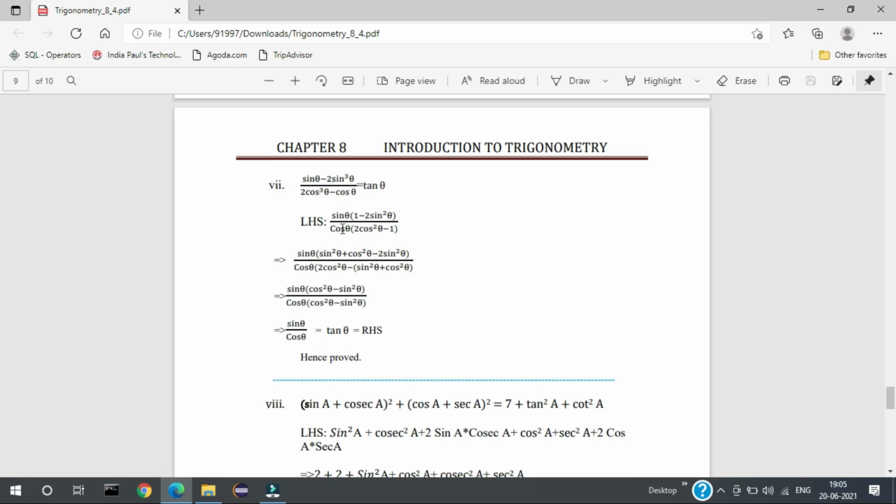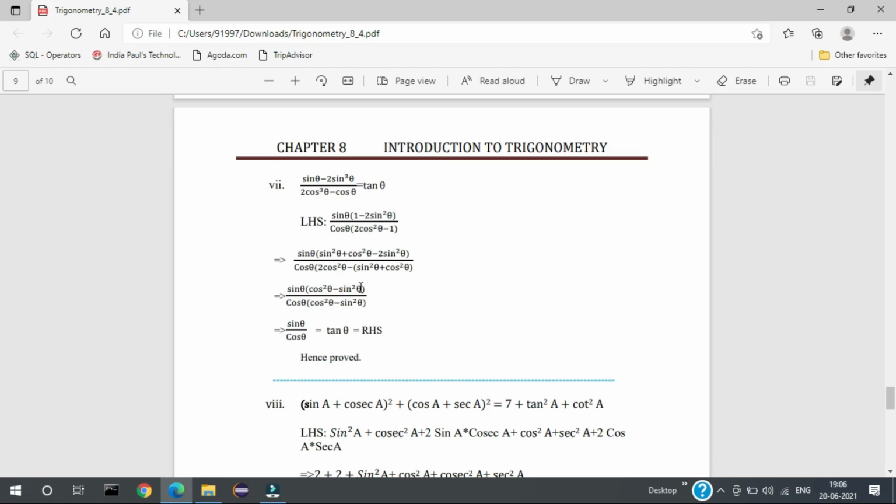So sin theta as it is, it will come. So 1 in the numerator can be written as sin square theta plus cos square theta minus 2 sin square theta by cos theta, and 2 cos square theta minus 1 can be written as sin square theta plus cos square theta. So sin theta, sin square theta minus 2 sin square theta, how much? Only minus sin square theta will come.